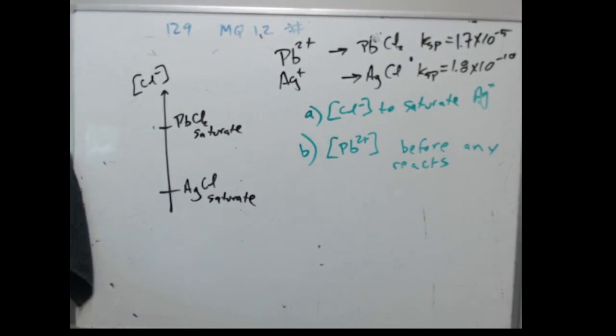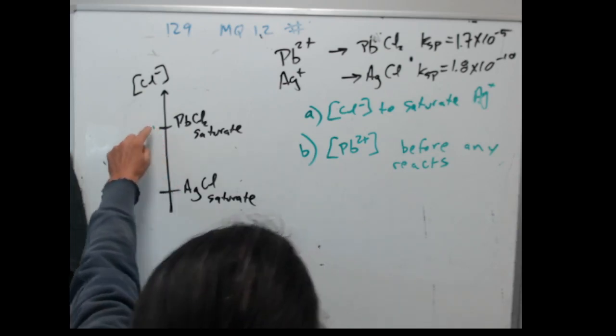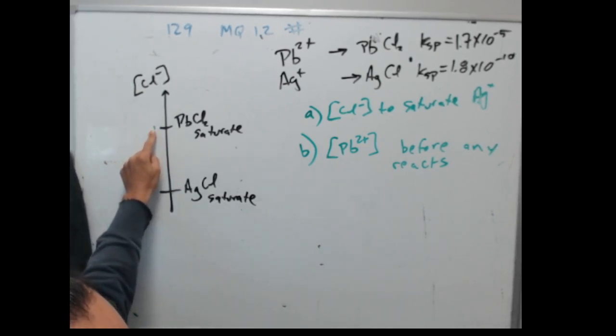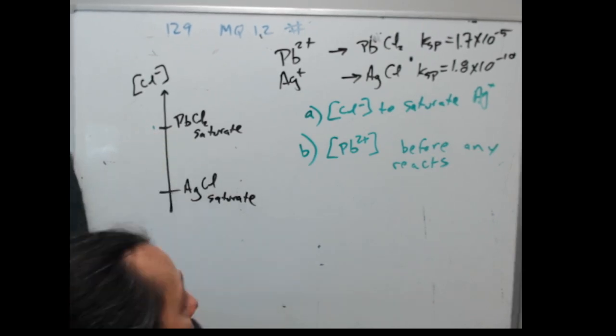It should be the same as it was. Since lead is the second thing to precipitate, the lead concentration should be the same. As long as I'm getting just to this point, I'm not going past it, lead concentration is not changing. So my lead concentration is just the value that's given in the problem.